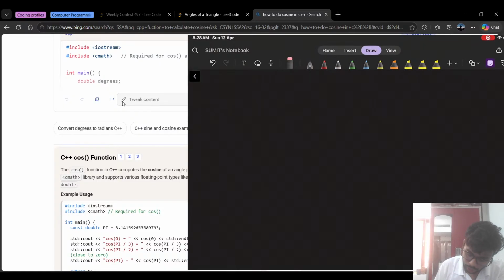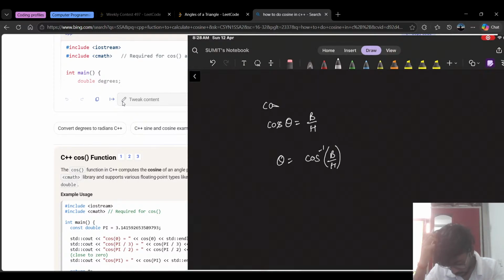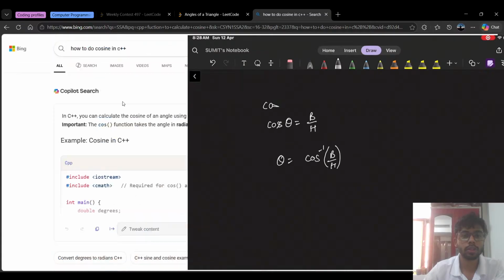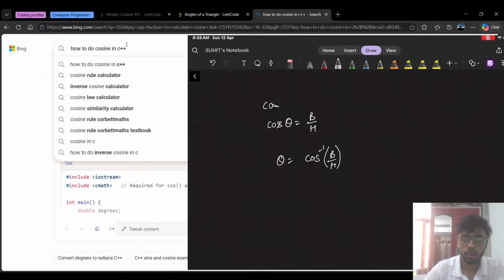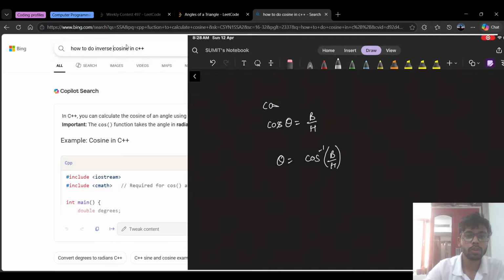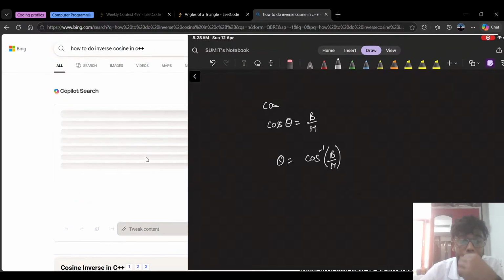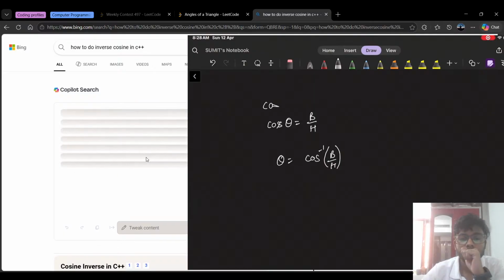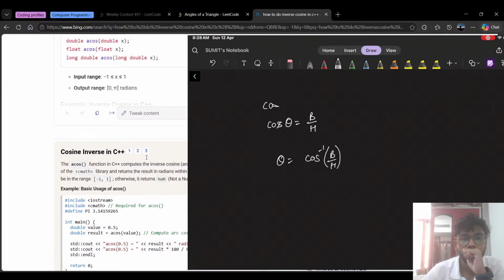What was cos theta? Cos theta is base upon hypotenuse. So theta is equal to cos inverse of b by h, right? So I need to find the inverse cosine in C++. Okay, acos.